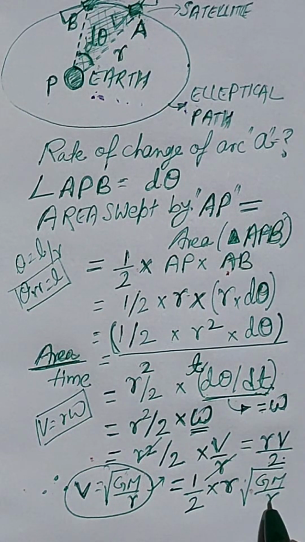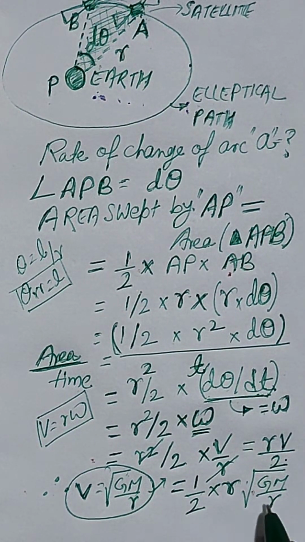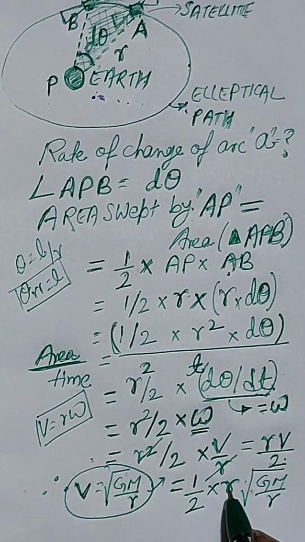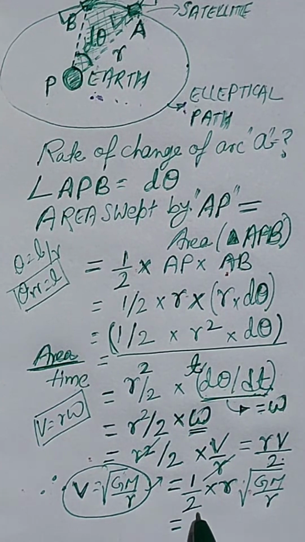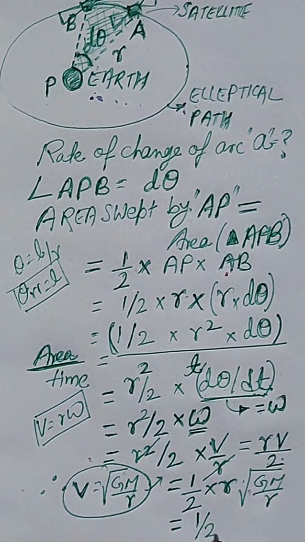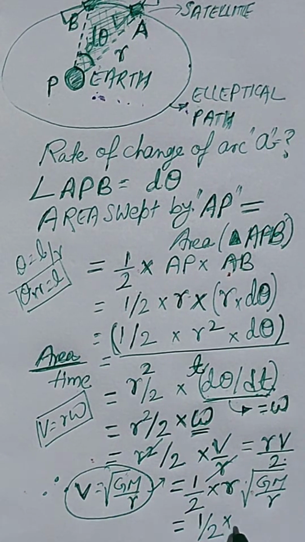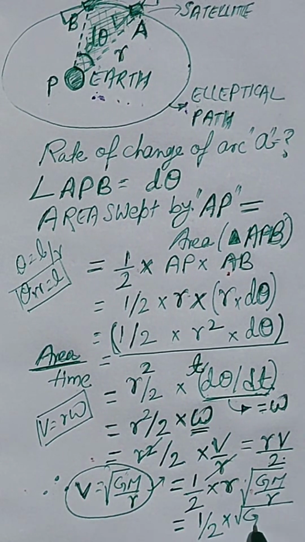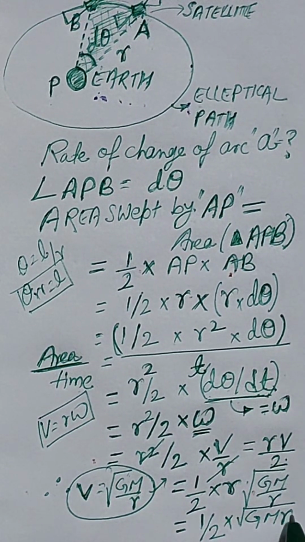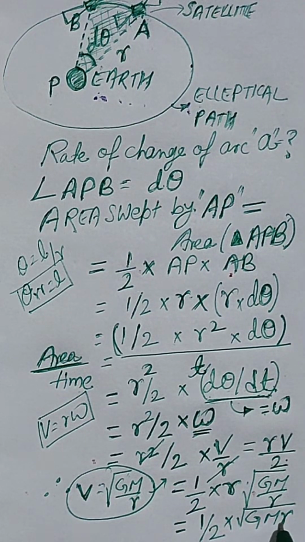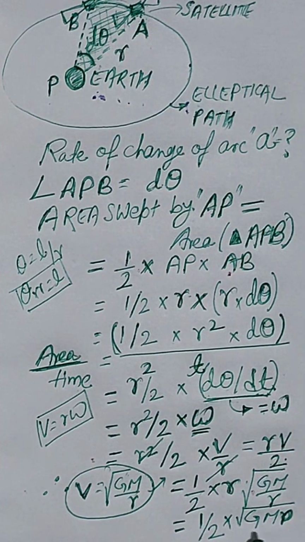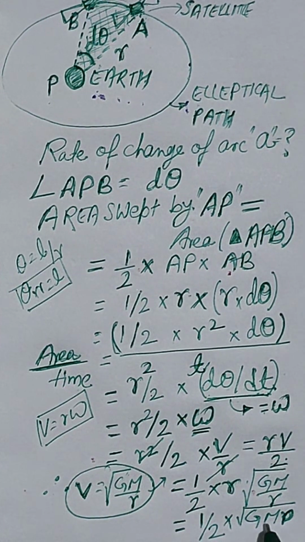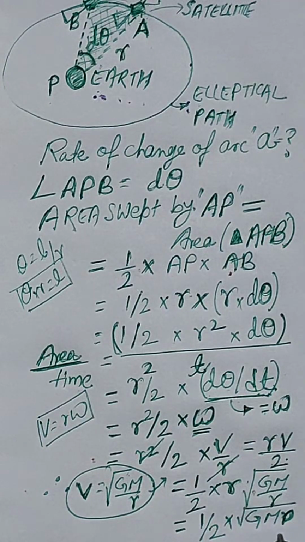So this r will cancel this r, two r's over here, right? So this can be written as half of root GMR. The root r will divide this r, and only root r will be left.